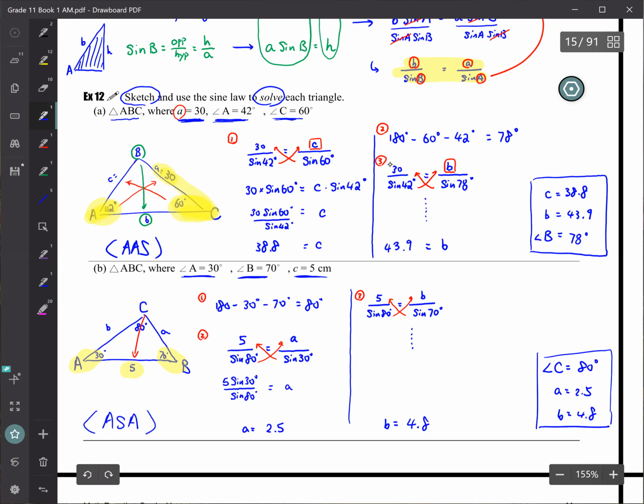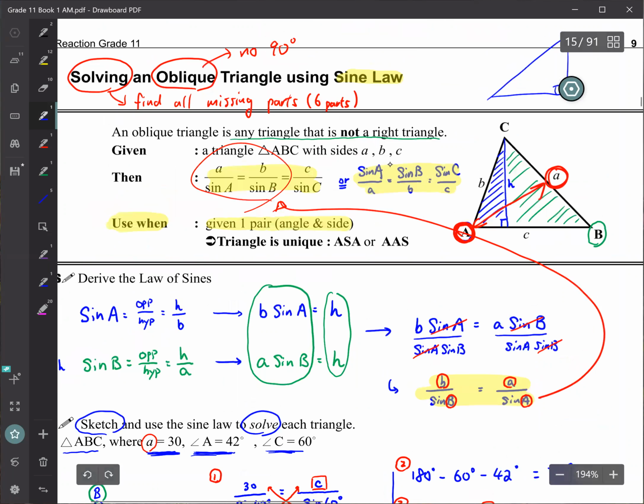So this is also not ambiguous. We call that unique, when you are given angle side or angle side angle. Unique means there's only one way to draw the triangle. Everybody will have the same picture.